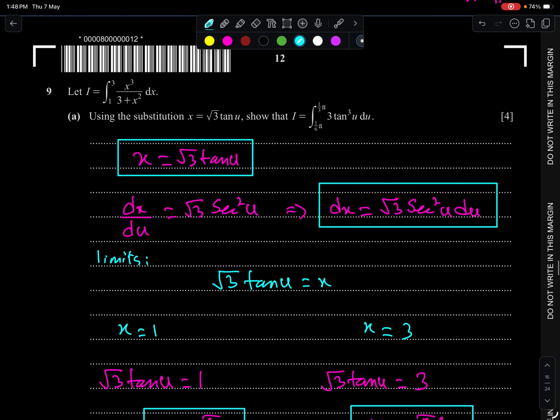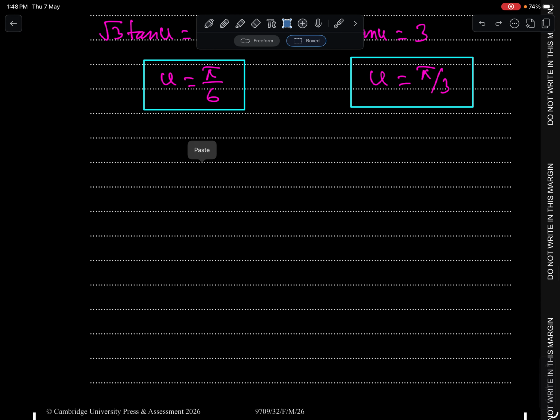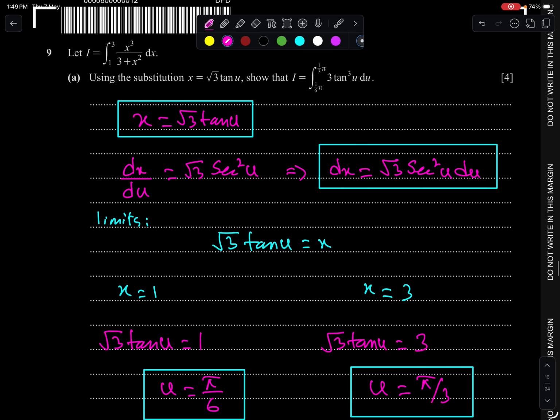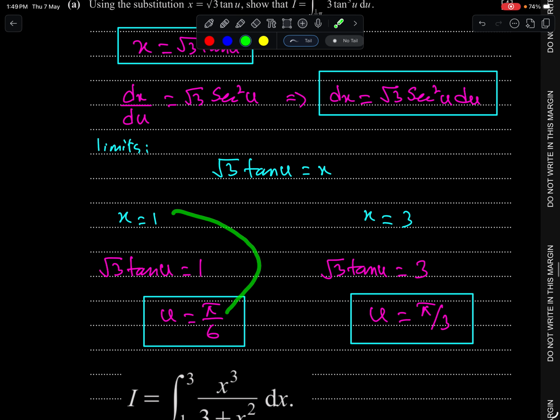Now copy this given integral. Okay, so I means integral. When x is 1, then u is pi by 6. When x is 3, u is pi by 3.